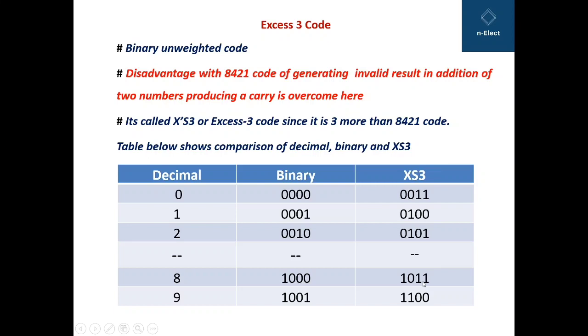It will not be like 8421 code, where if the number is 11, we used to write the 4-bit binary for one separately and the 4-bit binary for the second one separately. But here we directly write 1011 in XS3 code. Similarly for 9, 9 plus 3 gives 1100, that is 12.